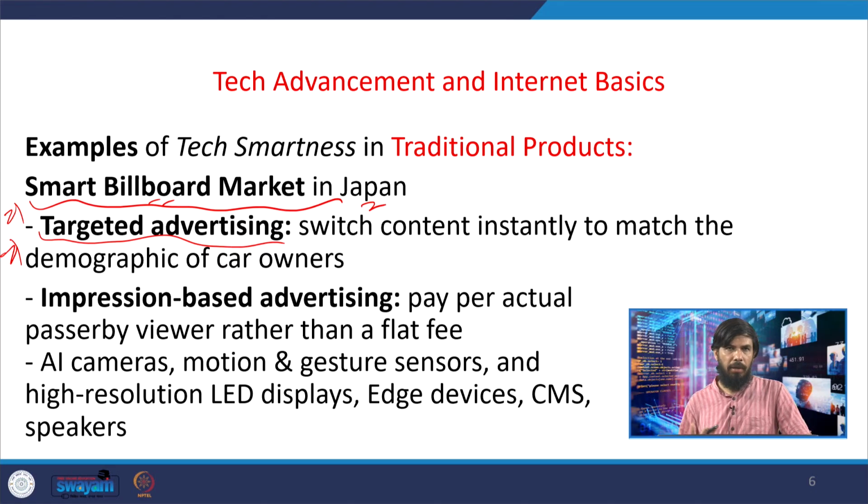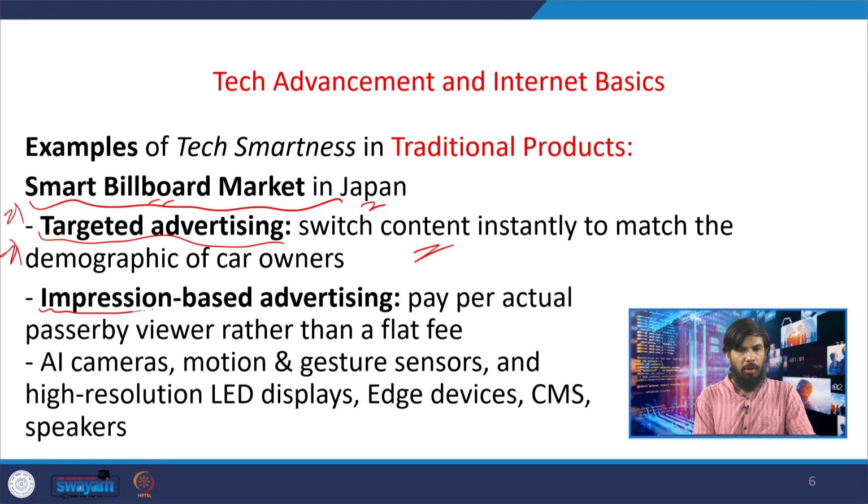So based on that you can use an AI model, the demographic can be detected, and based on that immediately in real time the content or the targeted advertising can be switched, right. So this is smartness, which has an AI component also, right. Similarly for other people passing by, the content can be switched instantly. So that is also part of this smartness that gets integrated into the billboard market.